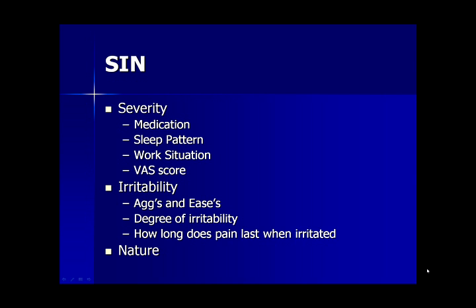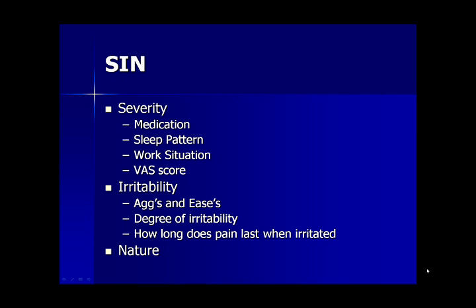If their severity is high, then that will be determined by a high dosage medication, a disrupted sleep pattern, off work, and a VAS score of 7, 8 or 9 out of 10. More moderate and more low severity is obviously tapered according to those factors. It is also worth using your clinical reasoning skills to determine their irritability.